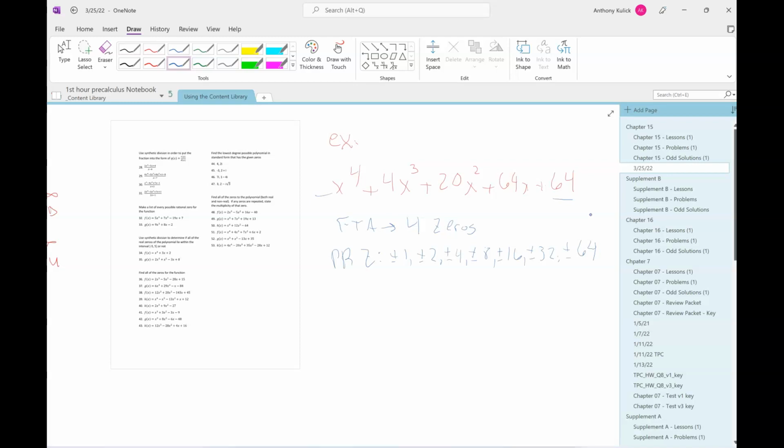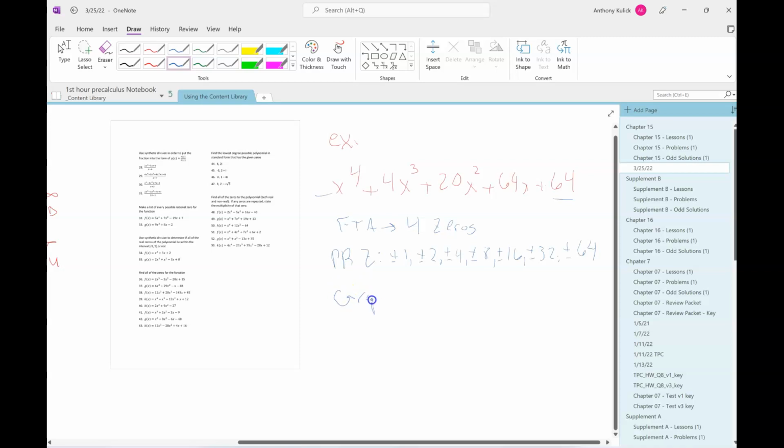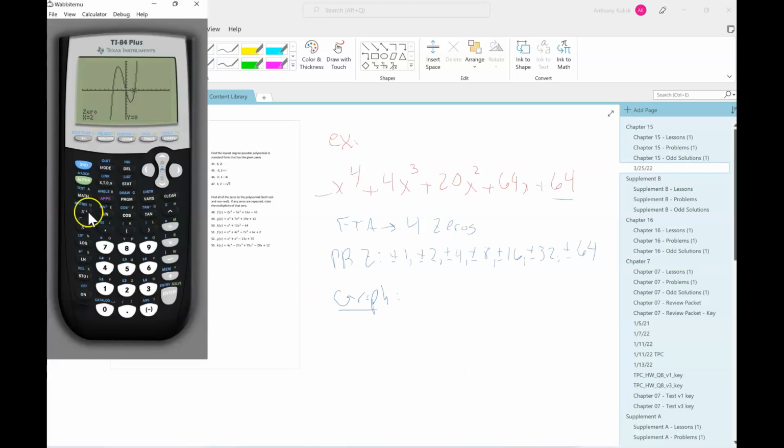Okay with that? Yeah. And then we'll go and look at our graph. So let's see what our graph can tell us. So I'll go and type this guy in. And we'll just hit graph and take a look at what's going on.